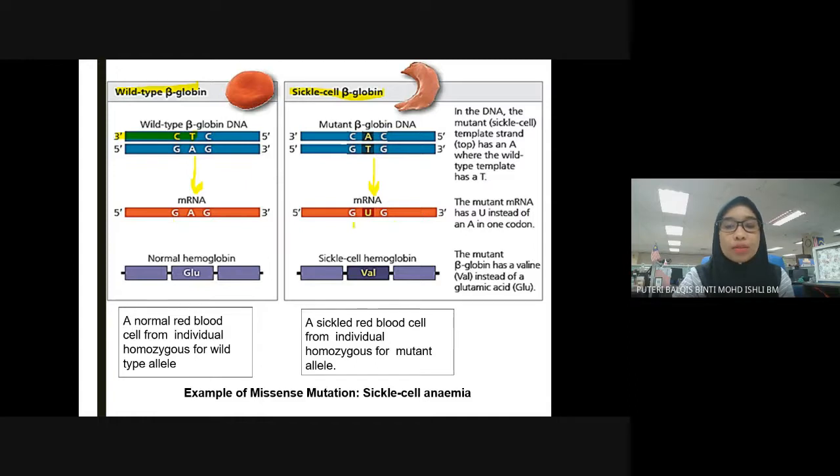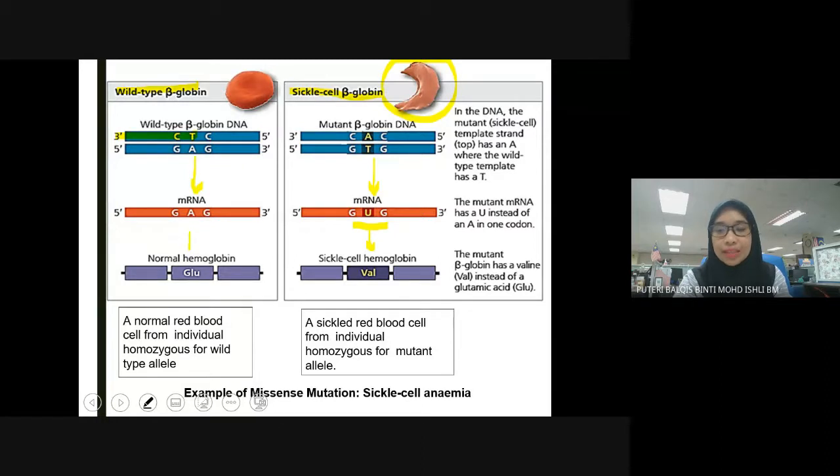And GAG will code for glutamic acid, but once it is replaced with GUG, it will code for valine. So glutamic acid is replaced with valine, and this valine will give the sickle shape. Dia akan bagi sickle shape.